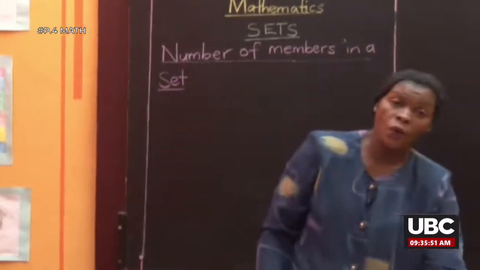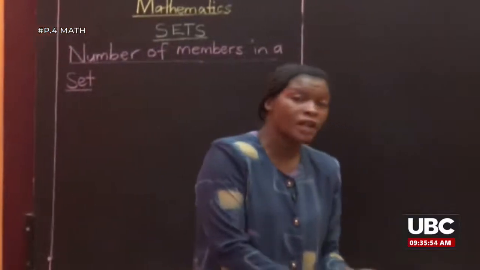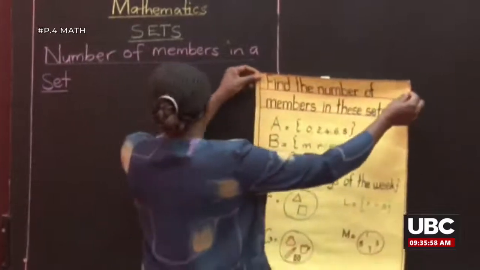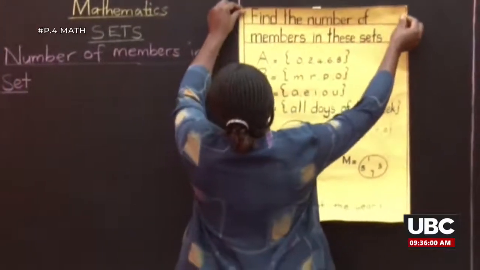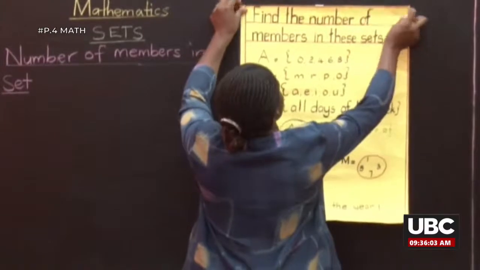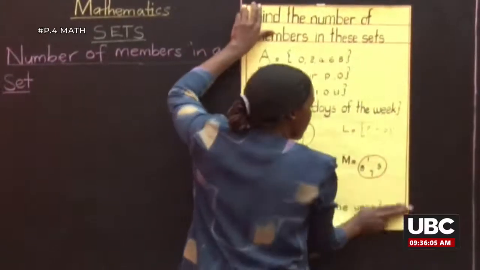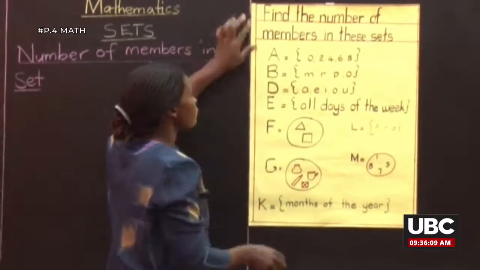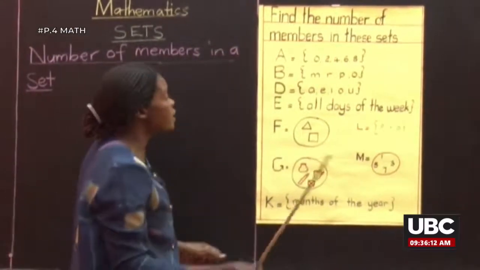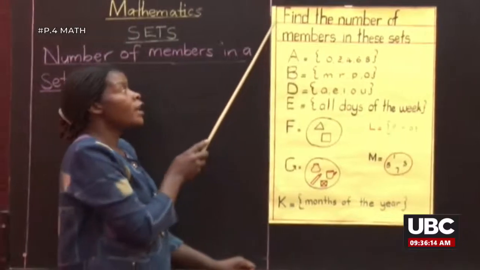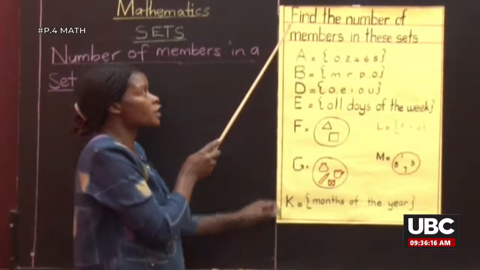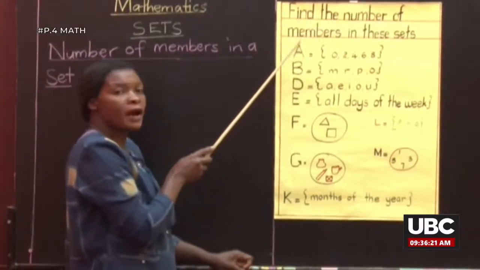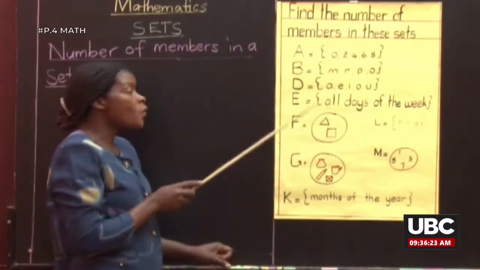Before we continue with our lesson, we have our chart which is going to guide us. When we look at this chart, it has an instruction telling us to find the number of members in this set.